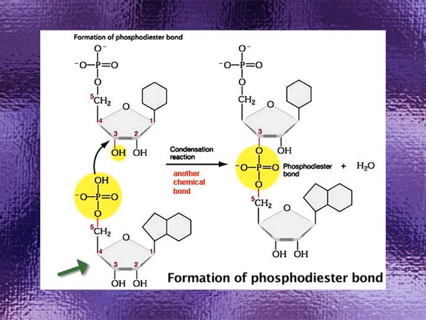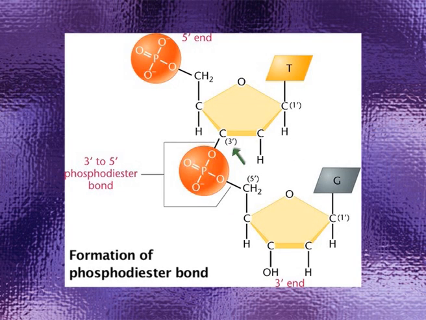It is joined to the next nucleotide by means of the phosphodiester bond. The phosphodiester bond in this case is formed between the 3' hydroxyl end of the 2-deoxy D-ribose sugar and the 5' phosphate group of the incoming nucleotide, and it imparts a polarity.